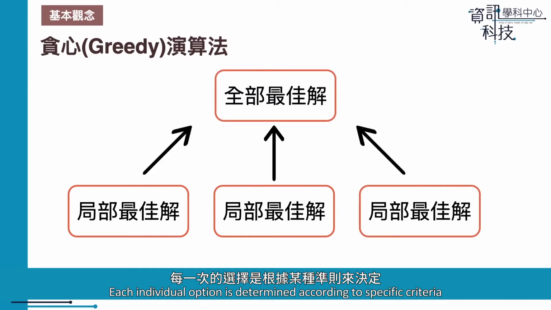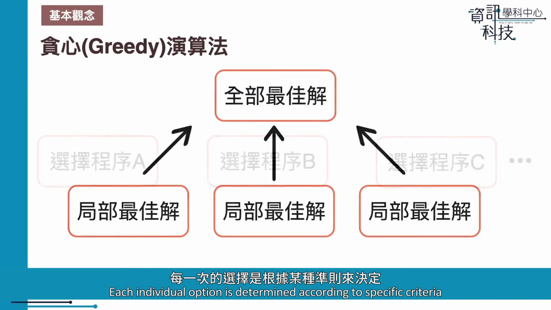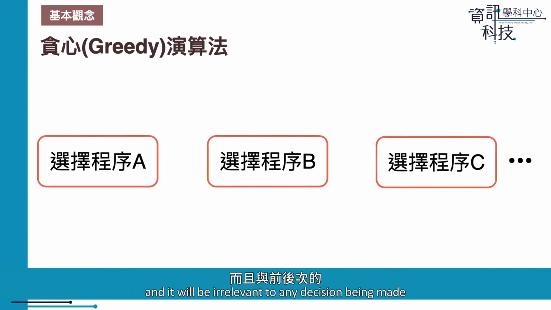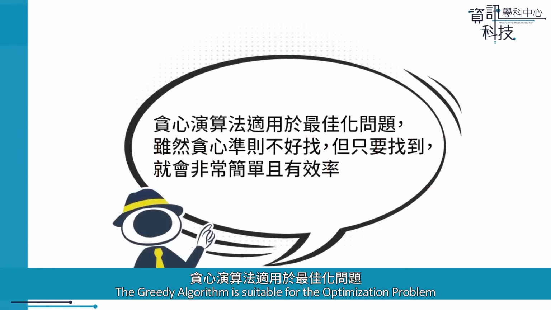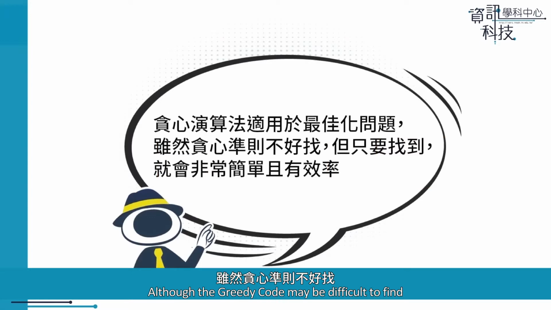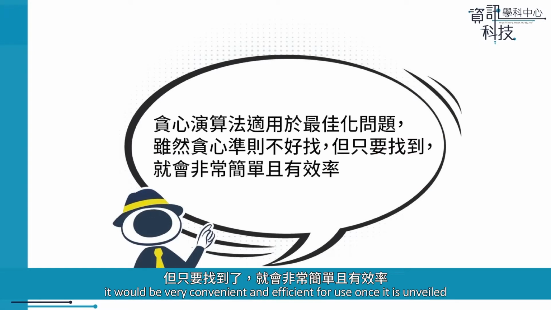Each individual option is determined according to specific criteria and is irrelevant to any decision made before and after the determination process. The greedy algorithm is suitable for the optimization problem. Although the greedy code may be difficult to find, it is very convenient and efficient once it is unveiled.